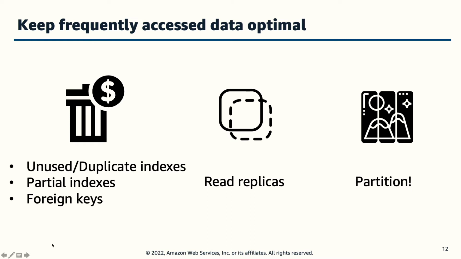The third aspect of this is foreign keys. What we saw, particularly, is when you have a parent table that has very few rows and a child table that's insert or update heavy.